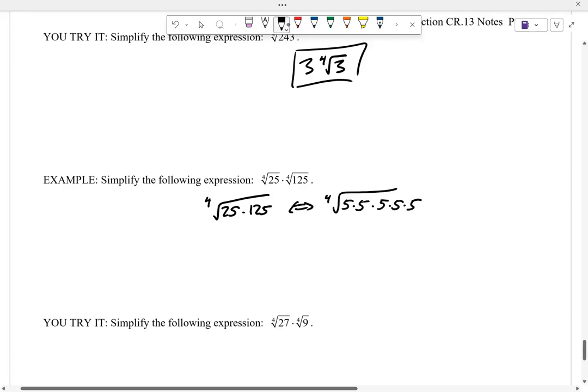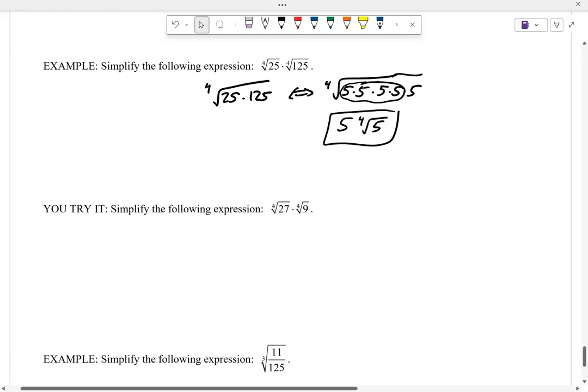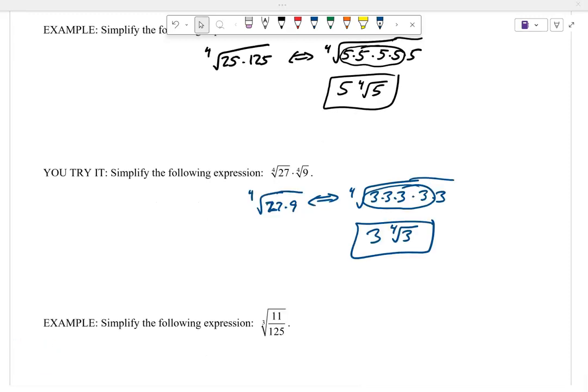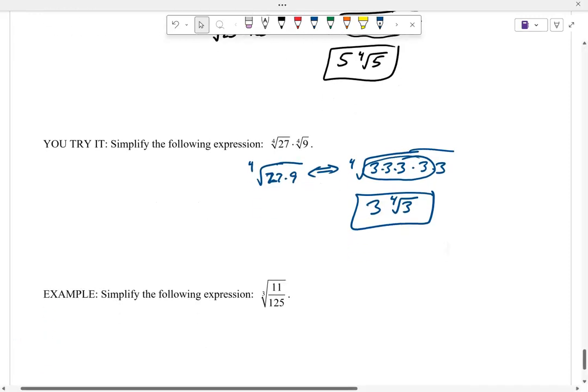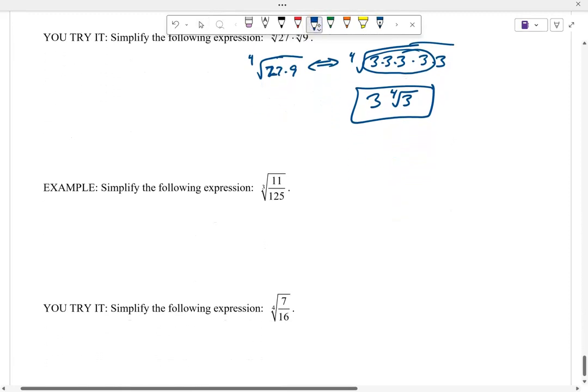Again, I'm looking for 4 of a kind. So 5 comes out, and I'm just left with 5 underneath that fourth root there. Go ahead and pause it. Try that next one. Check yourself on that blue one there.